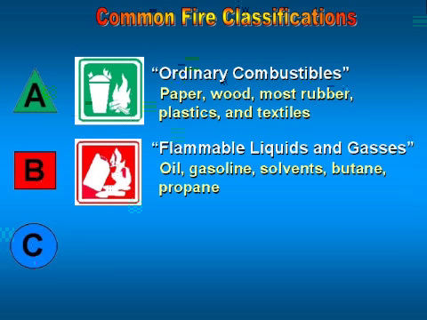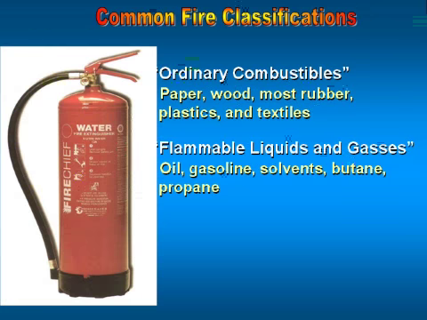And if I can distinguish between solids, Class A, and liquids, Class B, it helps me keep them separated when I go to grab fire extinguishers. The most common agent that's used to fight a Class A fire is an ordinary water-based fire extinguisher. It's referred to as a clean fire extinguisher because once the water is dispersed, it leaves no residue, does not contain an irritant, and therefore once the fire is put out, it's very easy to go in and do a cleanup.